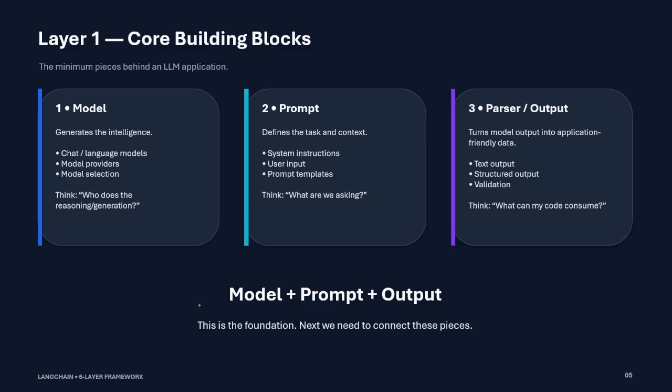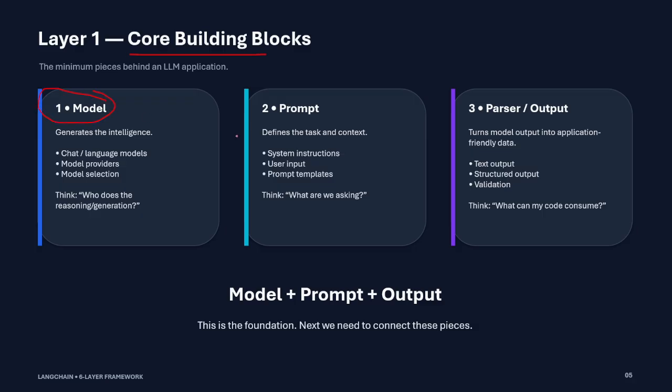I have almost explained all the things in the introductory part, but here we will go once again so that we do not miss any concepts. This is the core building block, and inside it there are three major points we need to focus on.